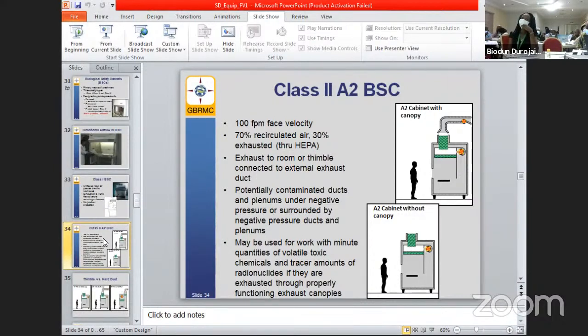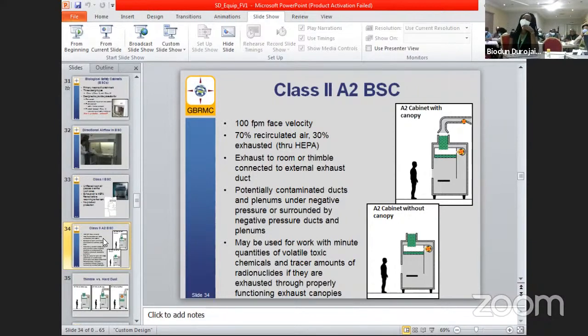It has a defined face velocity for class 2 A2. 70% recirculated air. Take note, 70% recirculated air, and 30% exhausted through HEPA. So it's only 30% of the air in this class 2 A2 BSC. Only 30% is exhausted through HEPA, while 70% is recirculated. And then you have the exhaust to the room or thimble connected to external exhaust ducts.